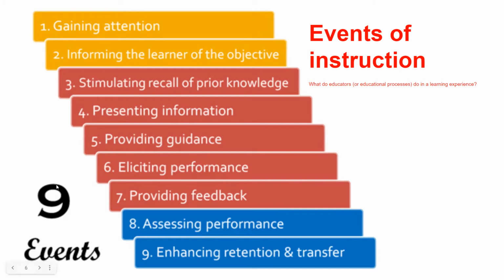So in this model, you'll see that, aside from the fact that there are more stages, there's a first block, which is really around getting a learner into a particular space. Then there's a block that's really around getting a learner to learn something and demonstrate that they have learned that thing. And then there's an assessment and exiting block.